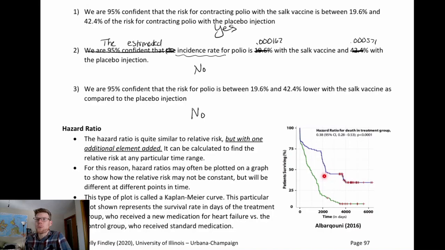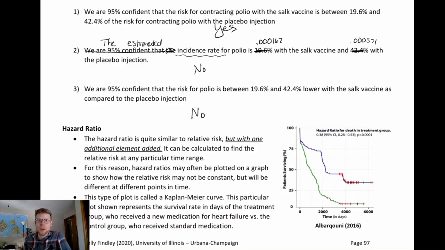What we can do with this time element is compare this hazard ratio at different periods of time. In the first day or two here, we have a very similar drop-off, but from that point onward, we're seeing that gap rise, and we're seeing each group plateau at their own time.